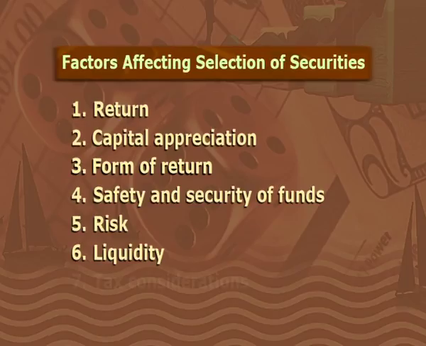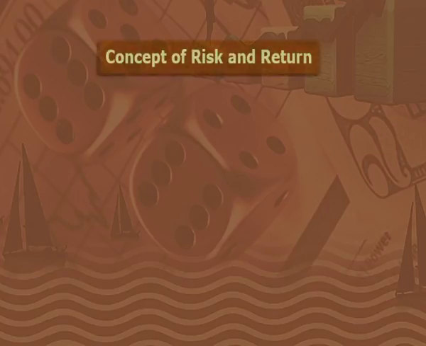Certain portion of investments should be put in fairly liquid assets so as to face emergencies. Number 7, tax considerations. Any individual's first choice of securities rests on the tax implications. The securities that minimize his tax burden would find a place in his basket of securities. Friends, let's get into the details of concept of risk and return.